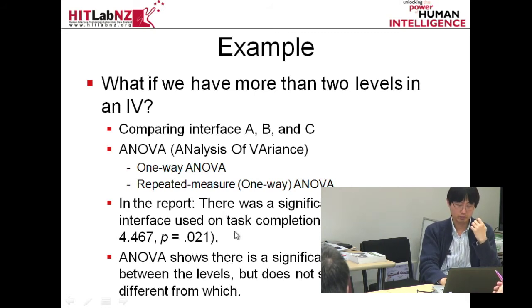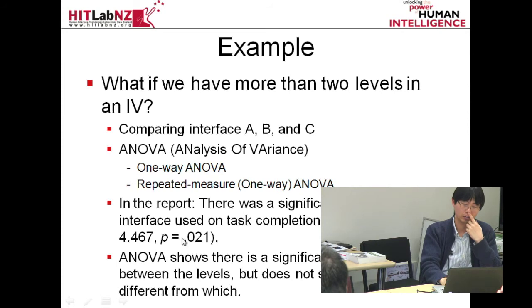And the pitfall here is that ANOVA is merely showing if there is a significant difference between the levels, which means if there is a difference between the three as a whole, rather than showing differences between the pairs.